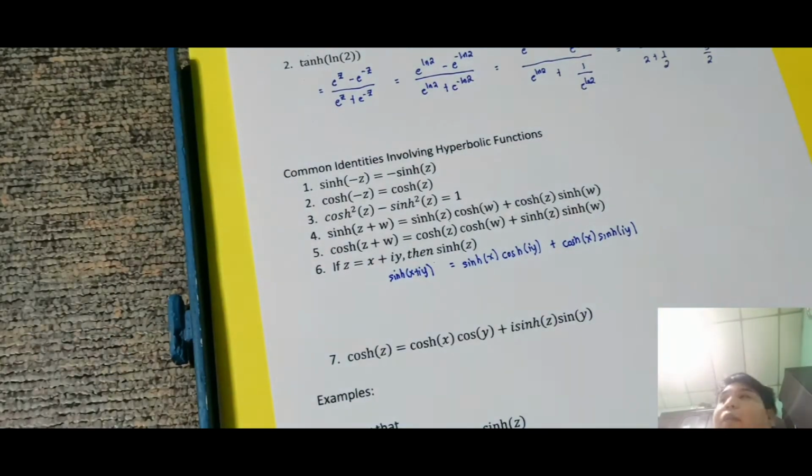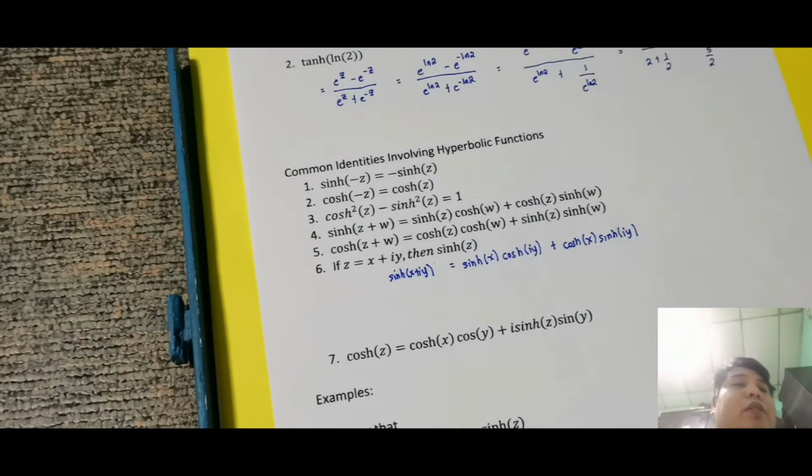Ngayon, check tayo ng identity about that. Dun sa ating previous na lesson, may identity ba yung cos of iy? Parang baliktad, no? So, ito na yung medyo tricky. So, ano equivalent ng hyperbolic cos of iy?